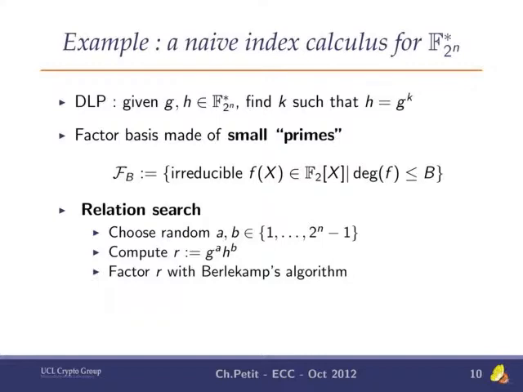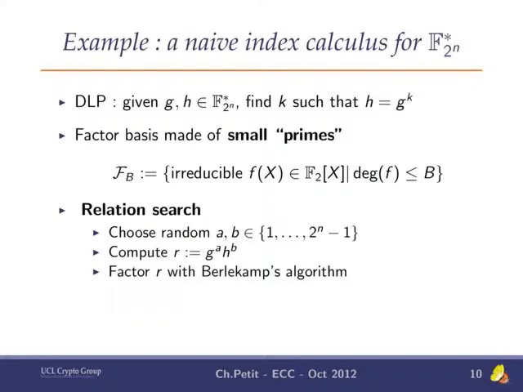And for the relation search, one thing you could do is just to take random A and B. You compute this product G to the A times H to the B, and you hope that this product can be decomposed into elements from this set. Okay? So, well, you can factor using Berlekamp's algorithm quite efficiently.